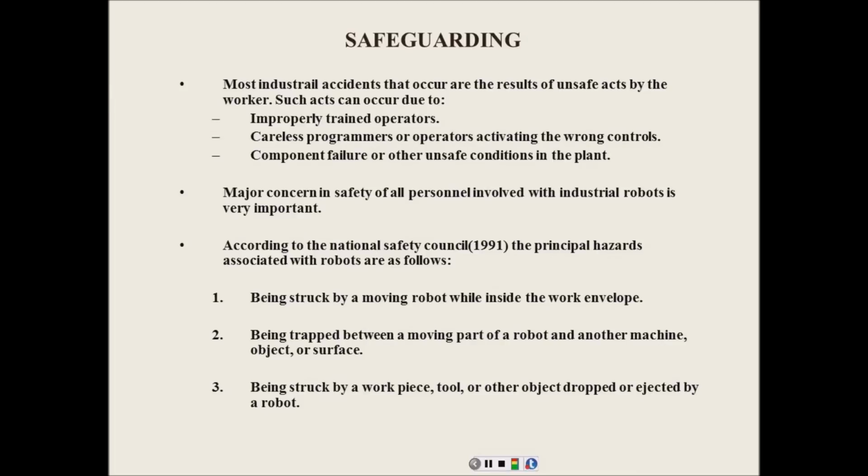And these are the hazards: being struck by a moving robot while inside the work envelope, being trapped between a moving part of the robot and another machine, being struck by a workpiece, tool, or other object dropped or ejected by the robot. So these guys are moving things around, and you drop them. You know, have you ever dropped anything? Not on purpose.